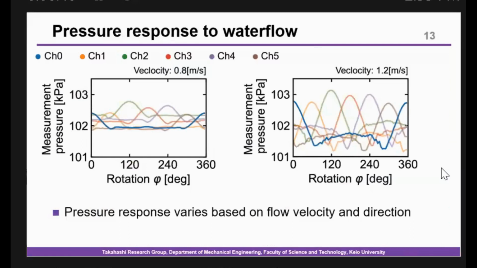This graph illustrates the pressure response of each sensor element to the water flow. This graph shows the case at a velocity of 0.8 meters per second. This shows 1.2 meters per second. We can confirm that the pressure distribution varies based on the flow velocity and direction.